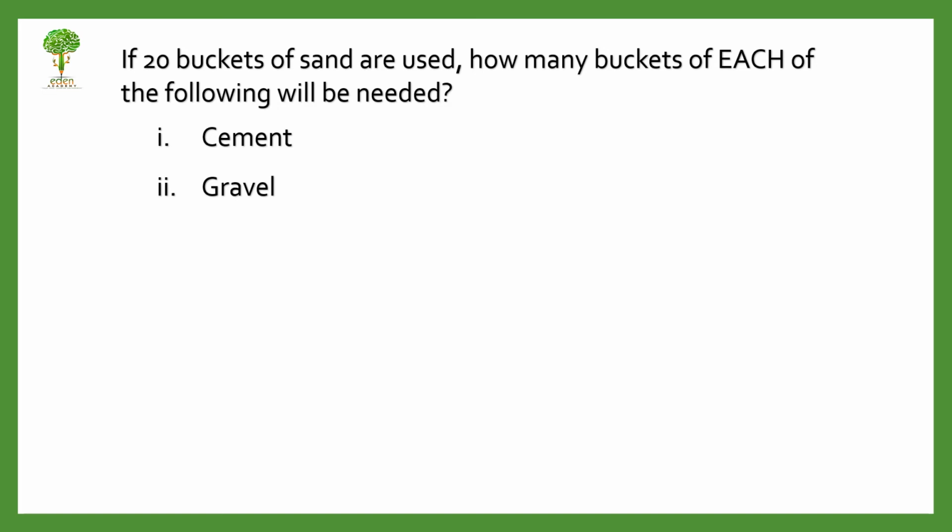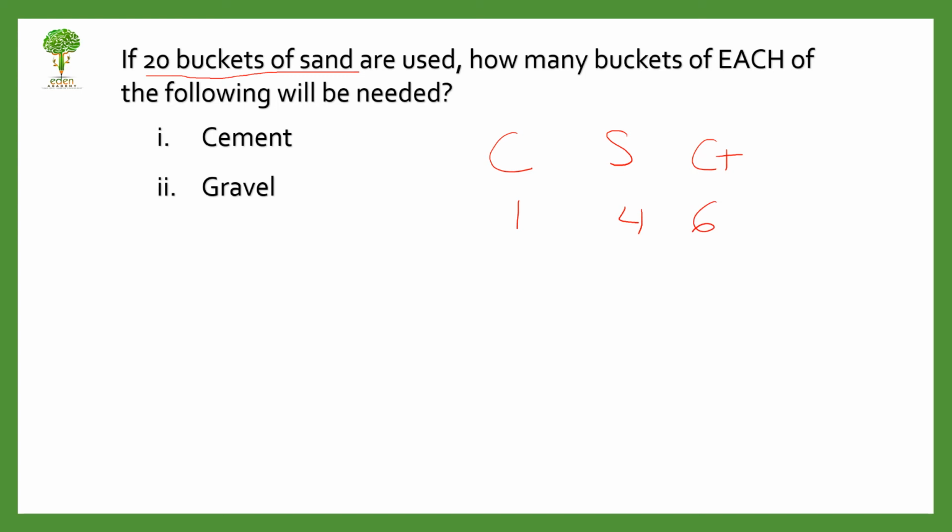Part B. If 20 buckets of sand are used, how many buckets of each of the following will be needed? So 20 buckets of sand. We could repeat the process we had before. I just identify cement, sand, and gravel, and identify the quantities. 1:4:6.